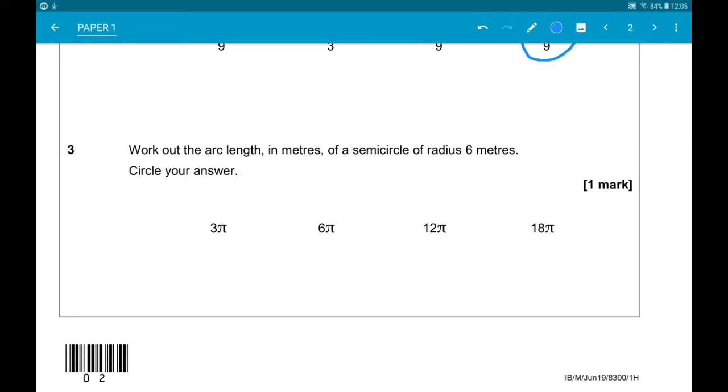The arc length of a semicircle is half the circumference of the whole circle. So the arc length, well, the diameter is going to be 12, so it's 12 pi over 2, which is 6 pi.